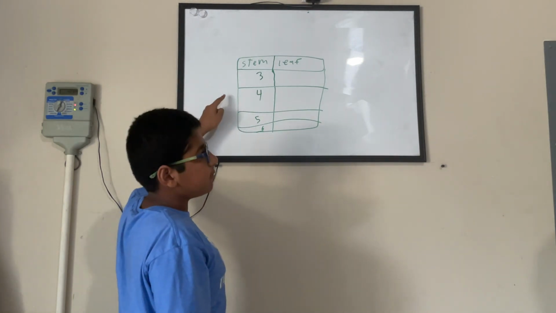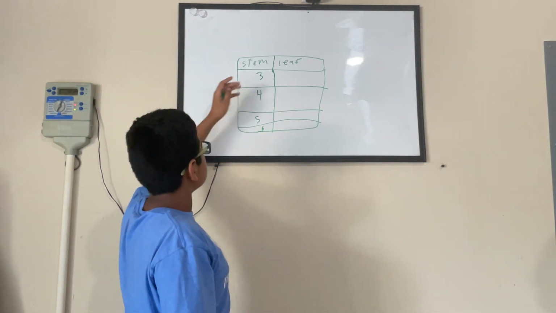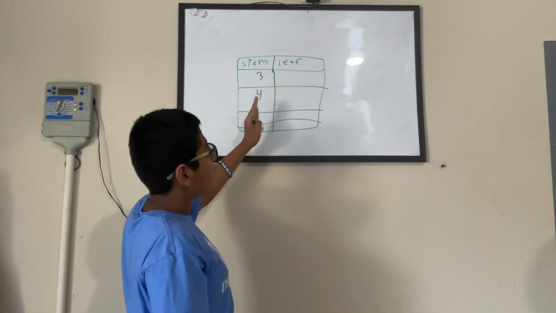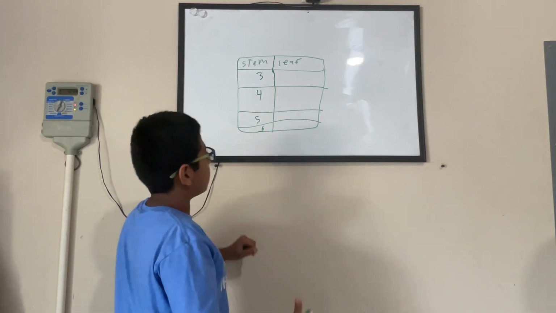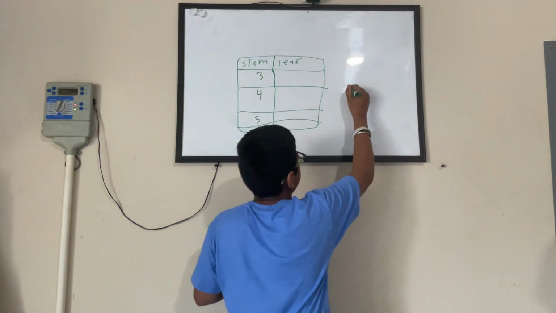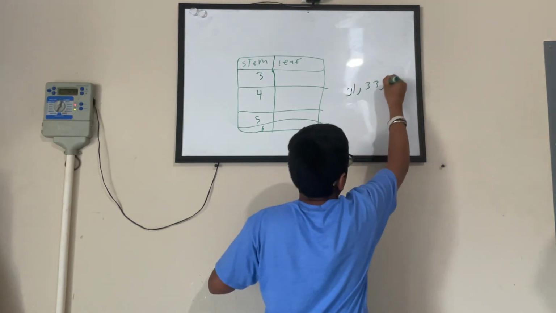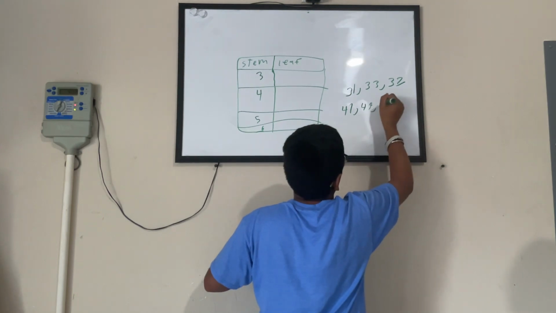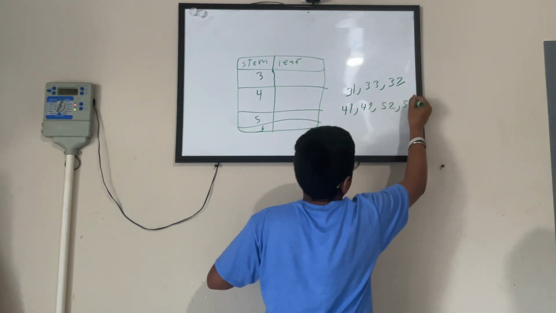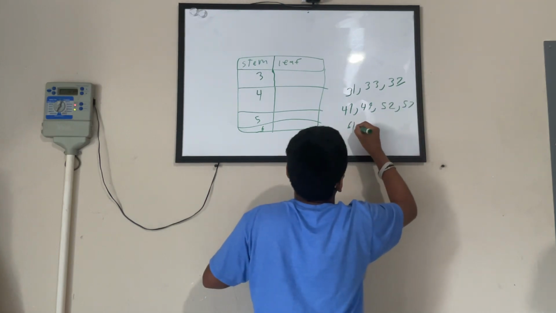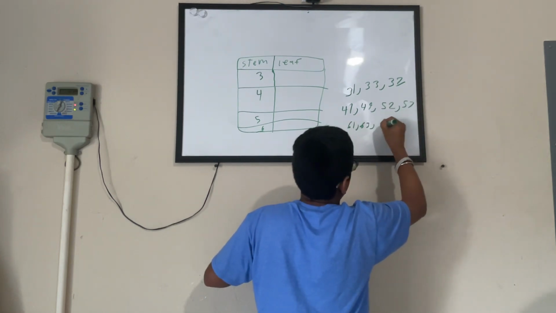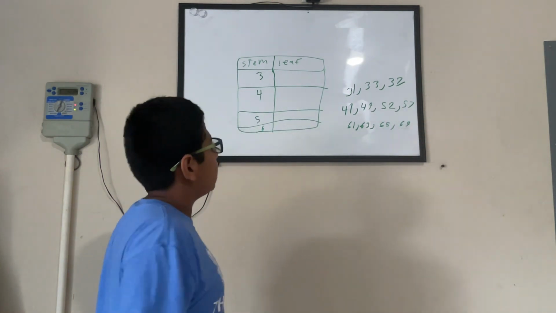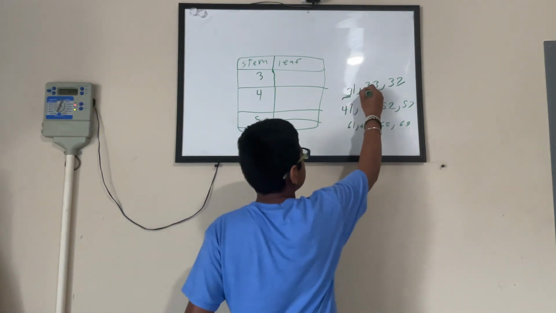So how a stem and leaf plot works is the stem is the tens and the leaves are the ones. When someone tells you to put 31, 33, 37, 41, 49, 52, 57, 61, 63, 65, then 69 in a stem and leaf plot, you look at the tens.